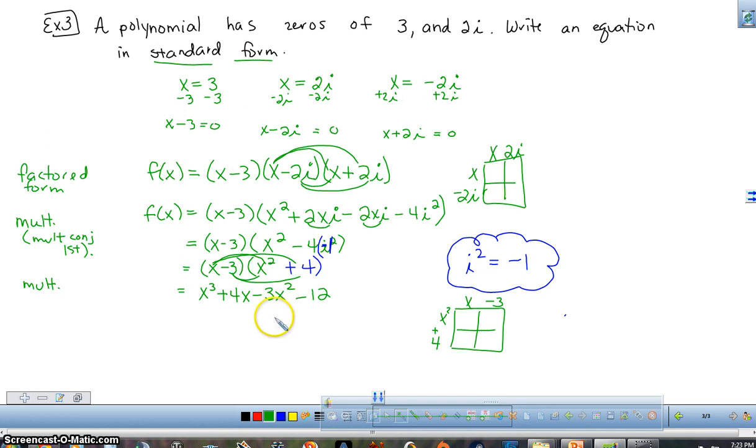Then we want to clean that up and rearrange it so it's in standard form, going in descending order with our exponents. So x cubed minus 3x squared plus 4x minus 12. So there is our function. Don't forget to do your Google form.